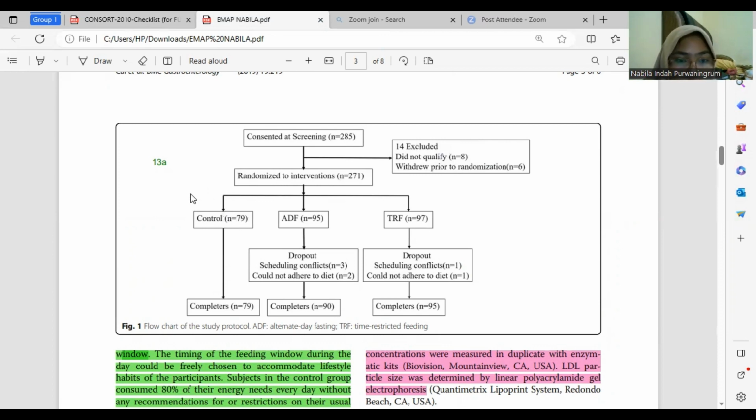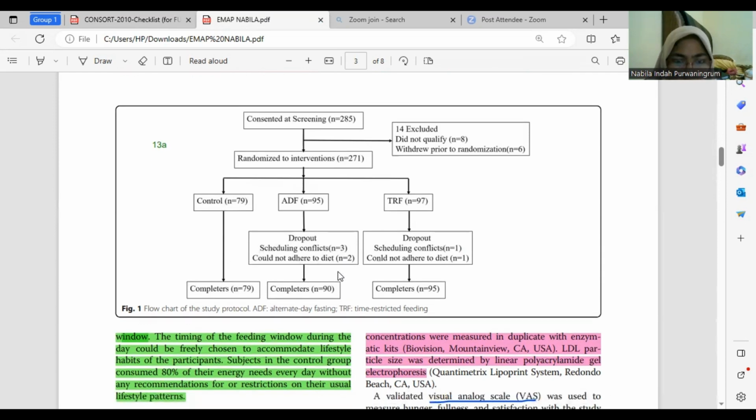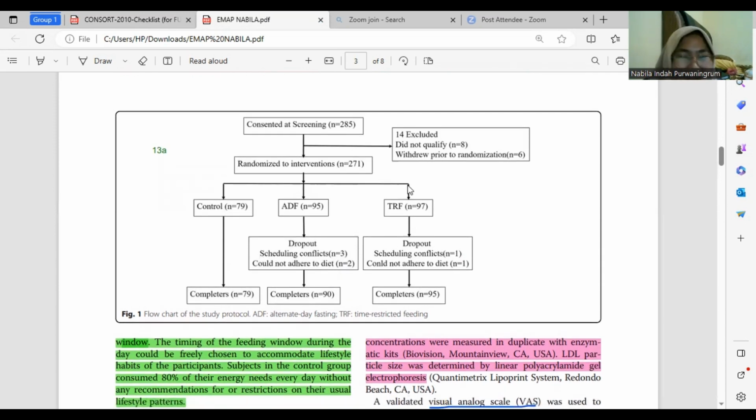79% going to be the control group. They are complete, and then the ADF is 95%, but 5 people dropped out because of reasons like scheduling conflict and couldn't adhere to the diet, and then 90% complete the ADF.